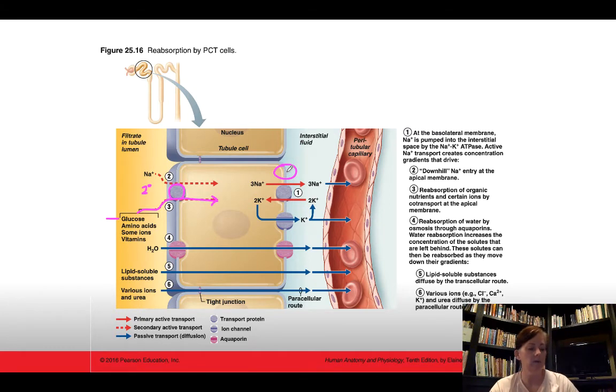And we're going to see glucose using that transport protein to diffuse from an area of high glucose content in the cell into the interstitial fluid and then into the bloodstream from there. So that's the way that glucose is reabsorbed.